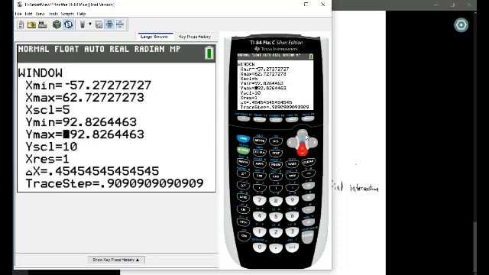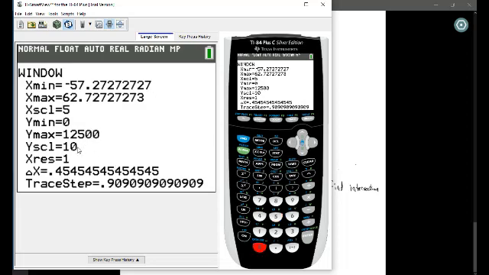So y minimum can be set at 0, because we're not interested in negative revenue. And then y maximum can be set at a little bit above 12,000. So how about 12,500?